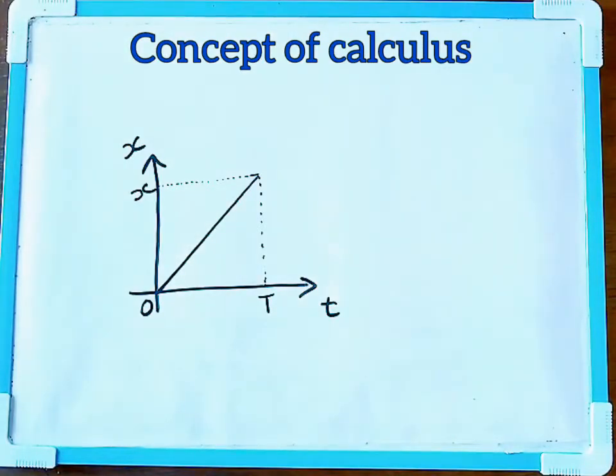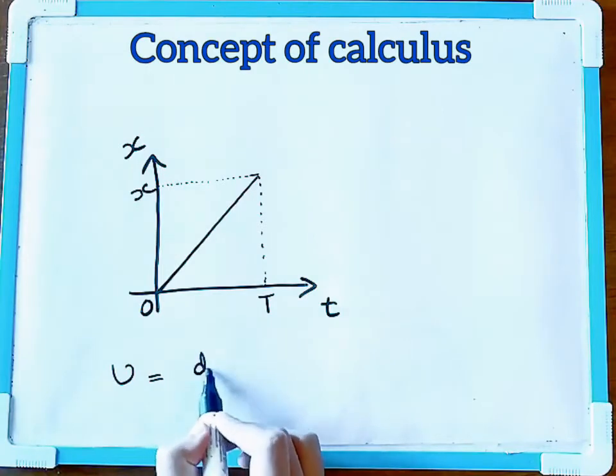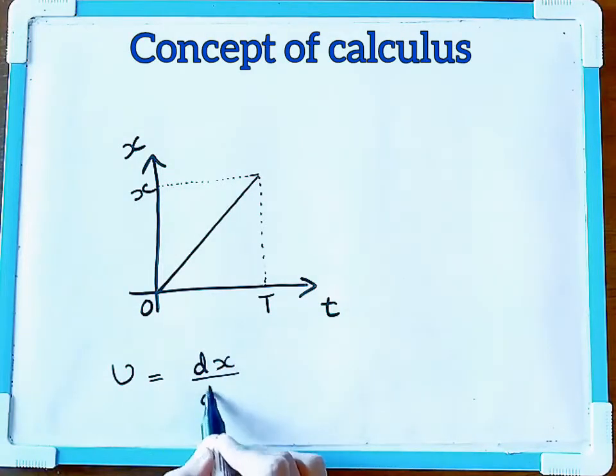Remember, here the velocity is constant. So how do we define this instantaneous velocity? V is equal to dx by dt.